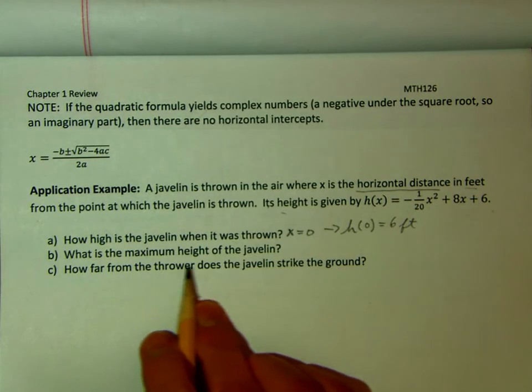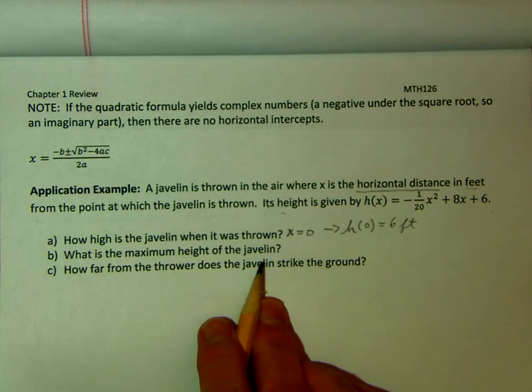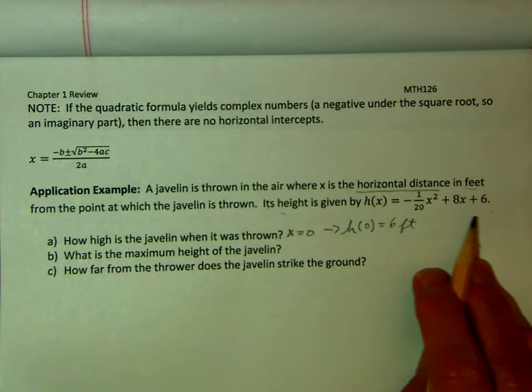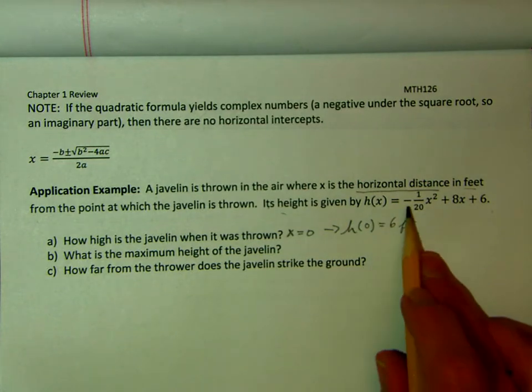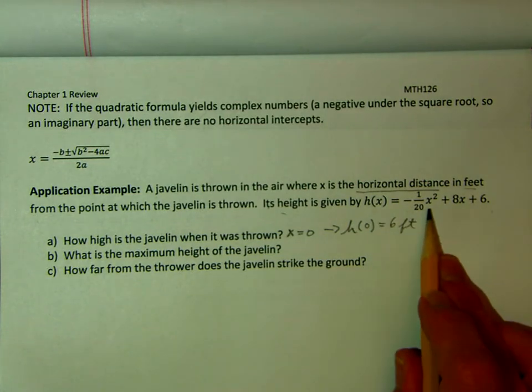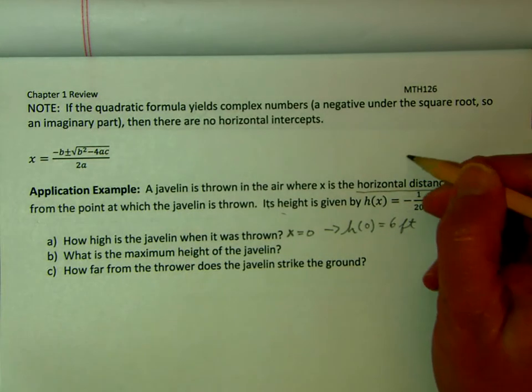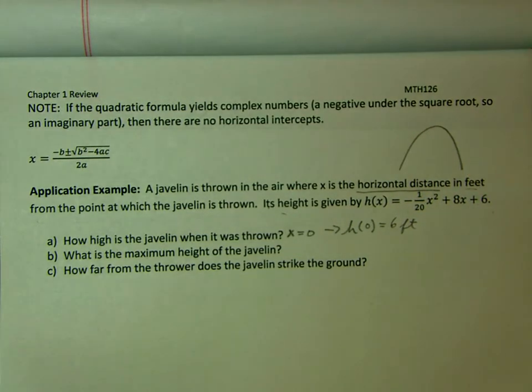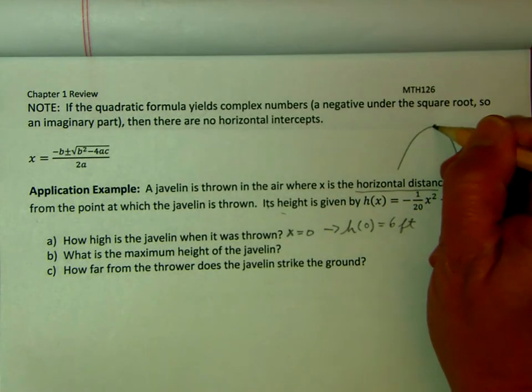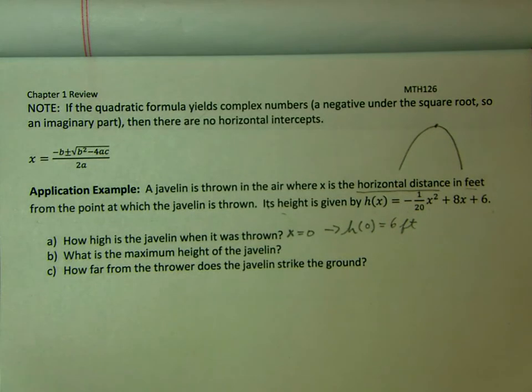What is the maximum height of the javelin? If we look at the quadratic function for the height of the javelin, we see that we have a negative coefficient on the squared term. That tells us that our graph is going to look something like that. So the maximum has to occur here at the vertex.